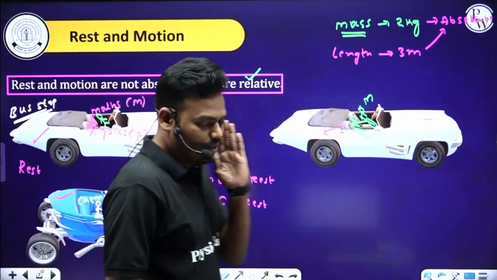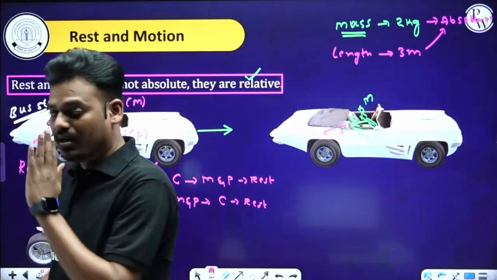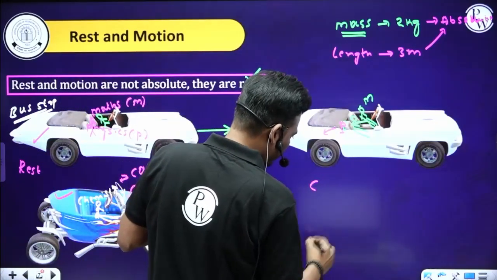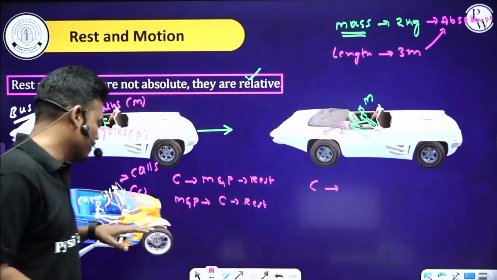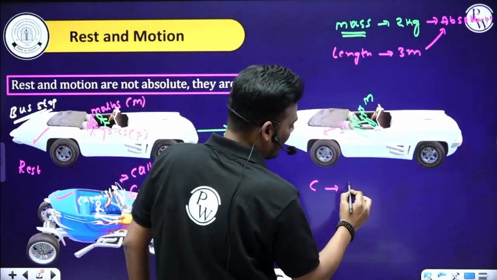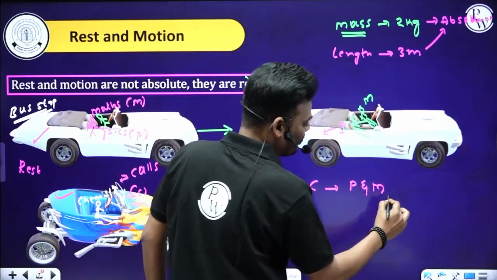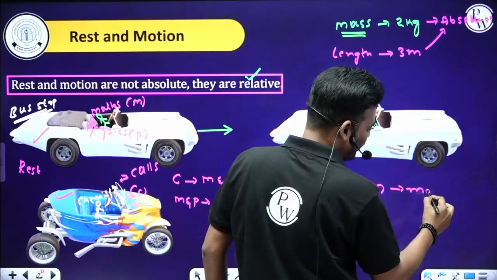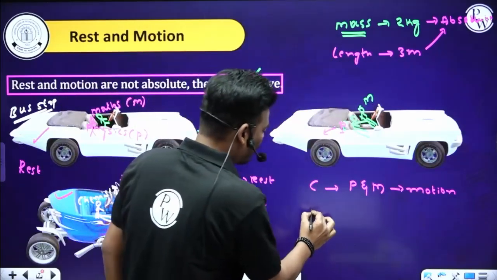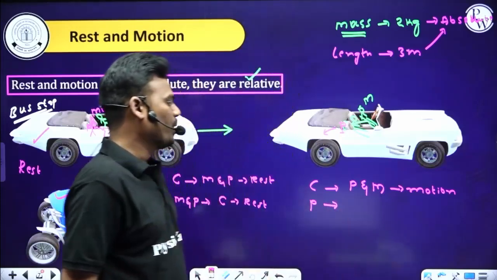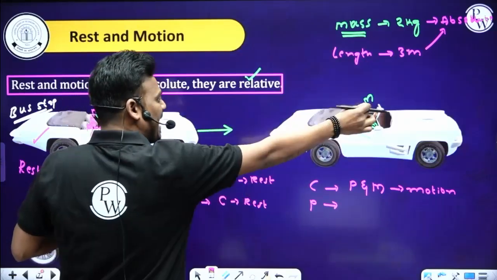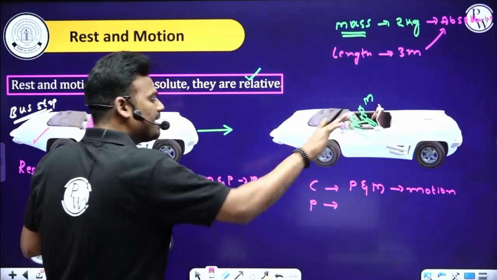Now let's try to understand the second situation. With respect to C, meaning the observer is chemistry, both P and M are in motion, right? With respect to C, the observer, both physics as well as maths are in motion.